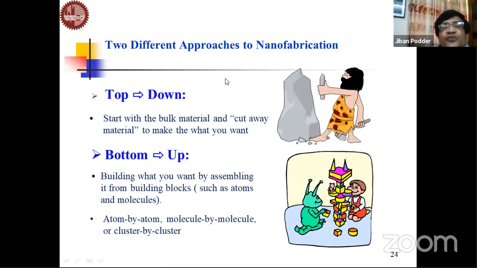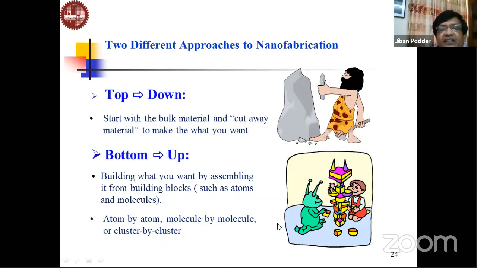There are two different approaches to fabricate nanomaterials. One is the top-down process, and another is the bottom-up process. From any bulk material, we can cut the material into small pieces; this process is known as the top-down process. Bottom-up is the building of blocks, atom by atom, molecule by molecule, or cluster by cluster.